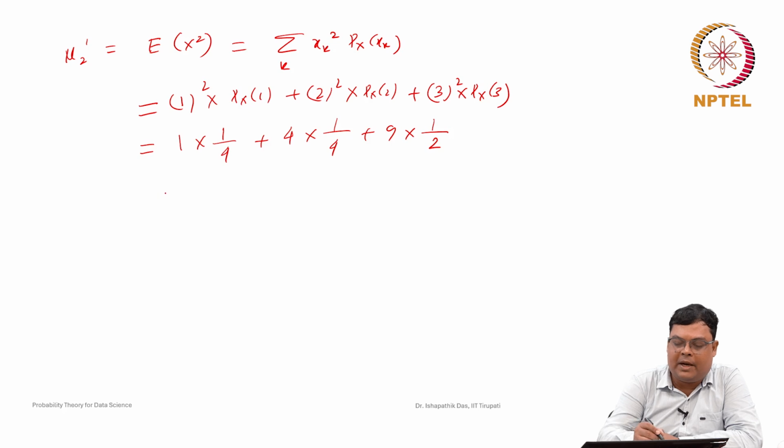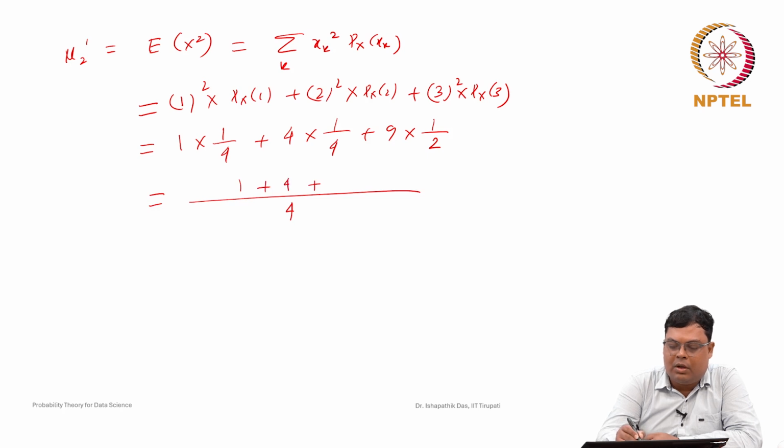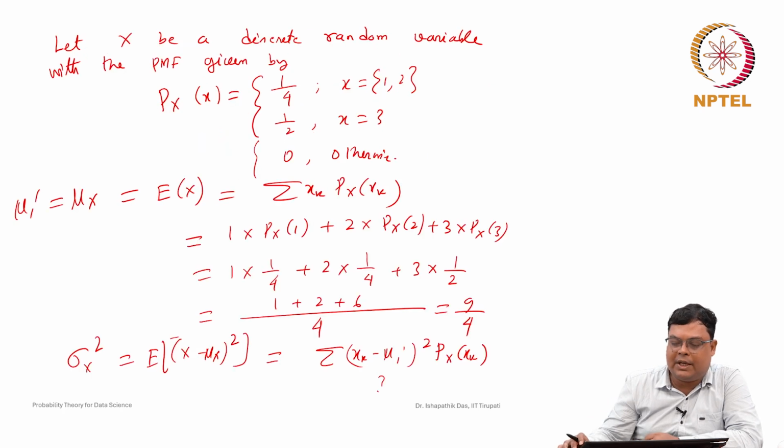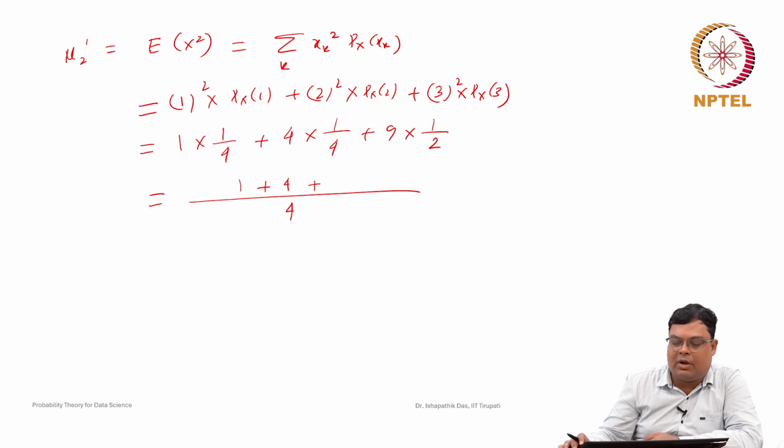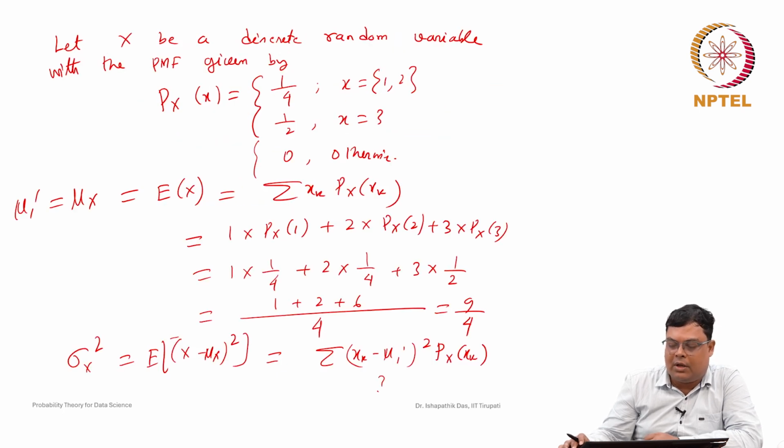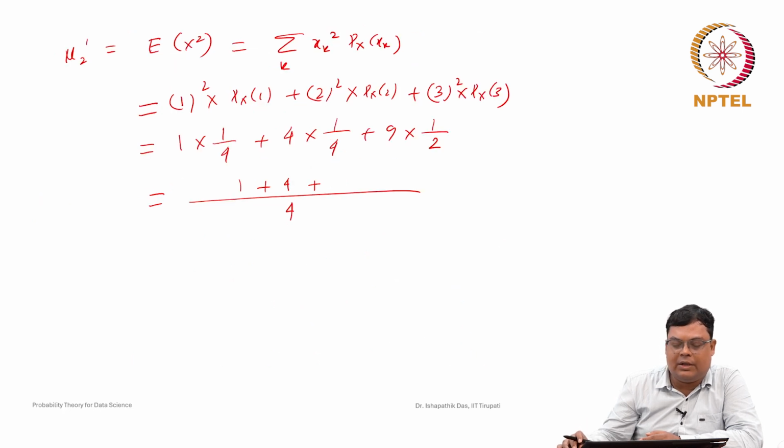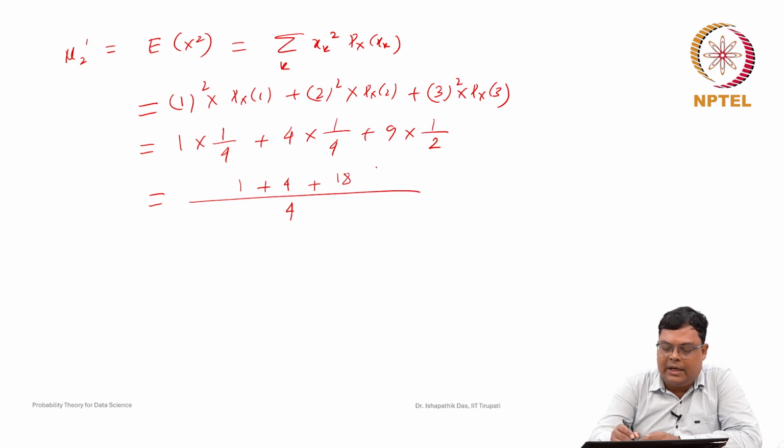If I have made any mistake, please check it and do it correctly, because you just have to understand how we are doing this. Here it would be a little more complicated, which is why we are using the second formula. So this is 1 plus 4 plus 18, which is 23/4.